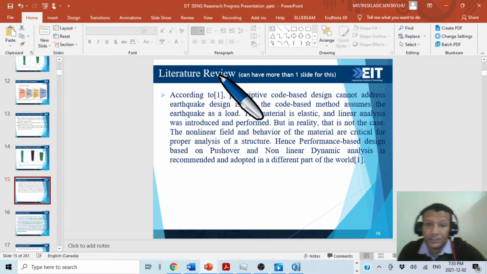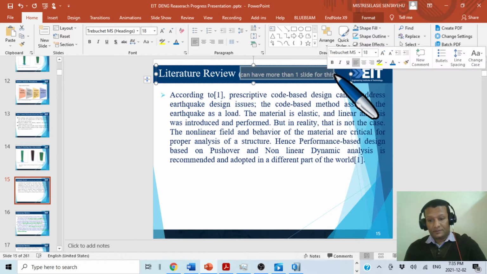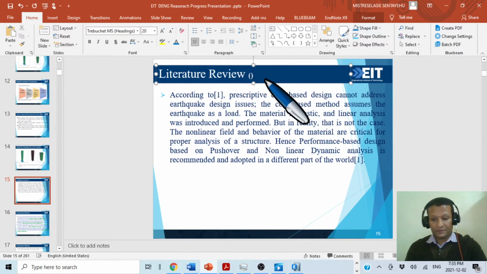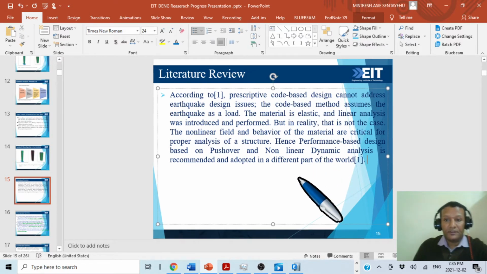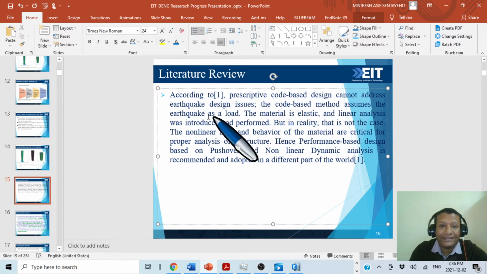This is the literature review. According to one researcher, prescribed code-based design cannot address earthquake design issues. The code-based method assumes the earthquake is a load, the material is elastic, and linear analysis is introduced and performed. But in reality, that is not the case.